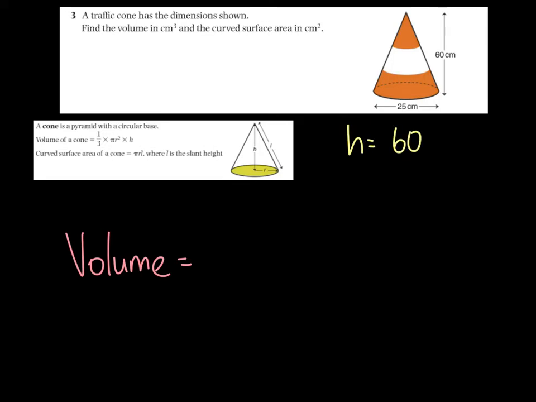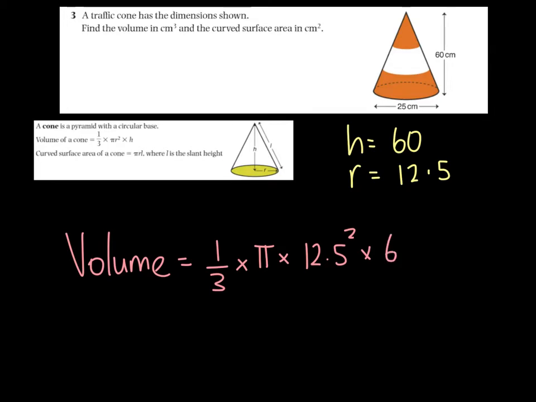Now there is our height, which is 60, okay, and we've got our radius, which is going to be a half of that 25, because that 25 is the diameter, so our radius is 12.5. Alright, so volume is going to be a third multiplied by pi multiplied by 12.5 squared multiplied by 60.